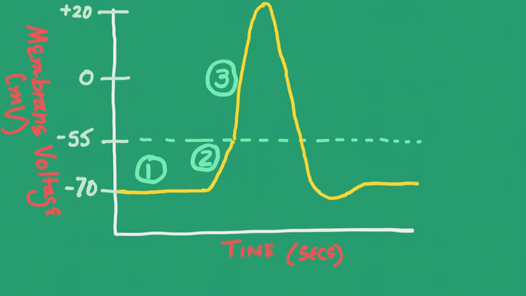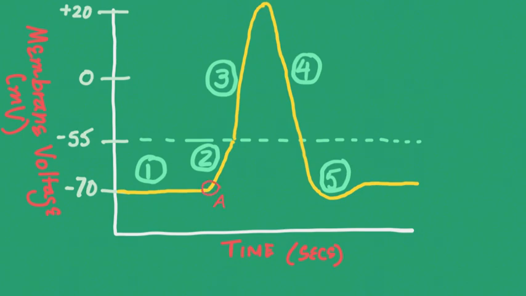When +20 millivolts is reached, it triggers the repolarization phase of the action potential, which is stage 4. The repolarization goes all the way down and below the resting membrane potential, and we call it the hyperpolarization, which is stage 5. This stage is very temporary when the resting membrane potential is quickly restored.